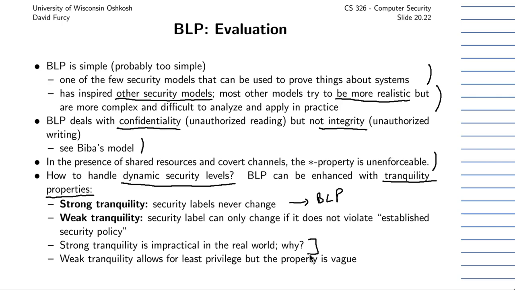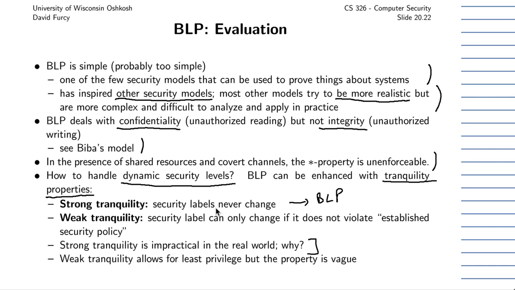So that means that the security labels are definitely changing through the life of the system. So strong tranquility, which assumes that the labels are not changing, is definitely not a realistic model. And this is the same for documents and resources, obviously. Some documents get declassified, so their label changes over time. So this strong tranquility assumption is impractical.